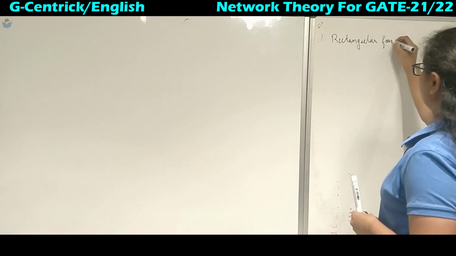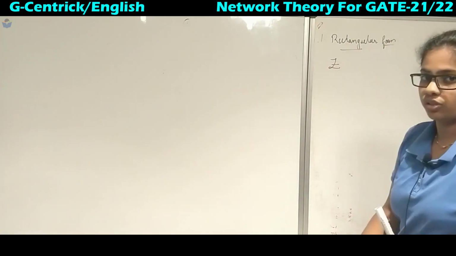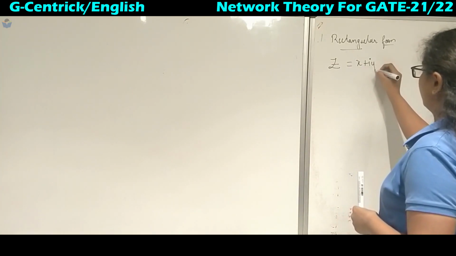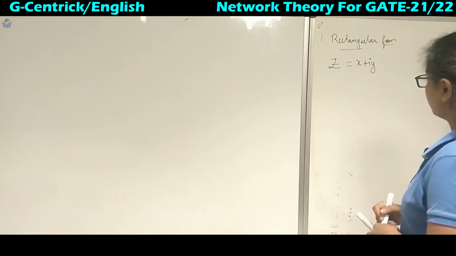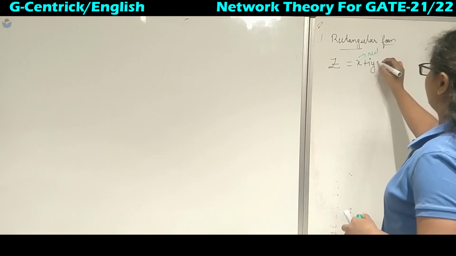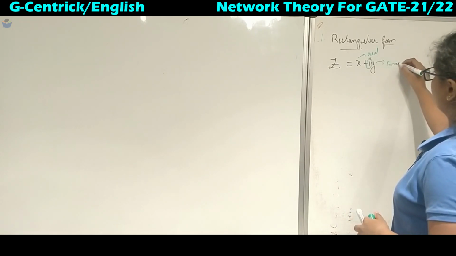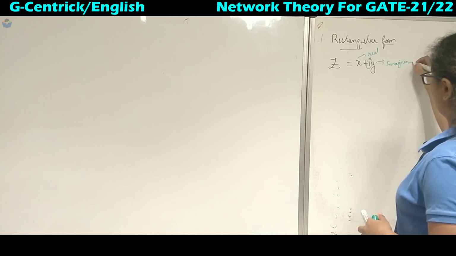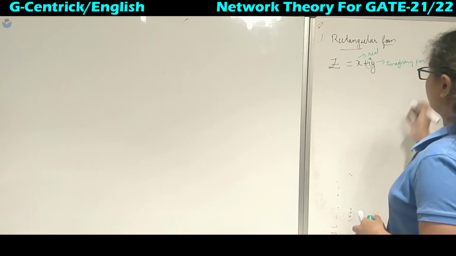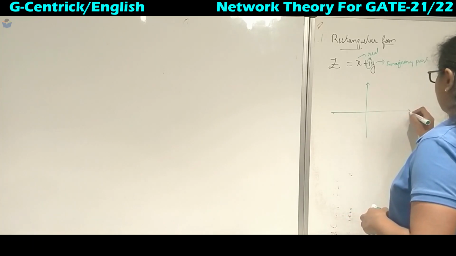So how do we represent it? We always know that if there is a function z, it is a function of x and y. In this case, what is the real part and what is the imaginary part? This is the real part, and whichever has the j is the imaginary part. Now if I have to represent it in the Cartesian form, I take the x axis and the y axis.